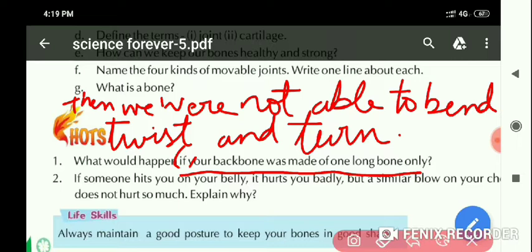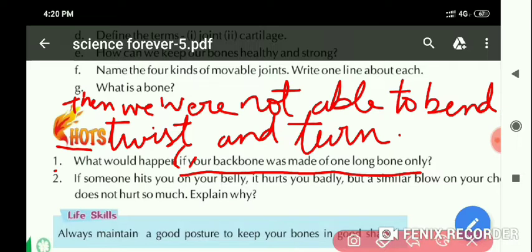If our backbone was made of one long bone only, then we were not able to bend, twist and turn. This is answer number 1 of HOTS question.